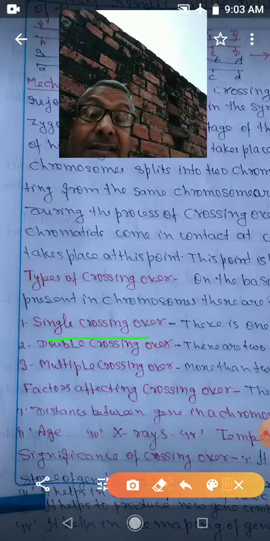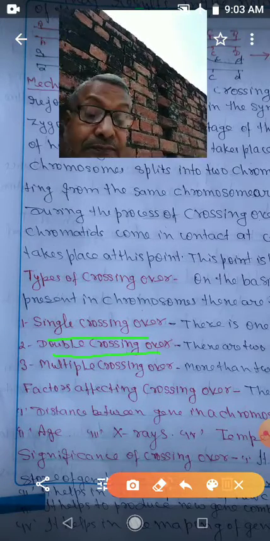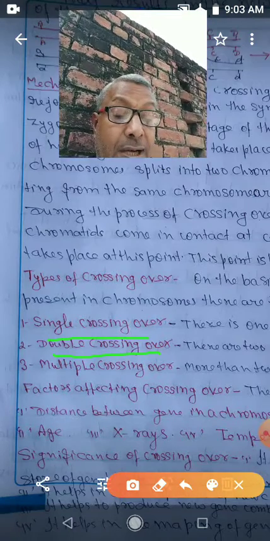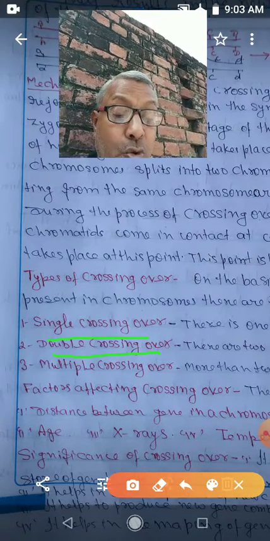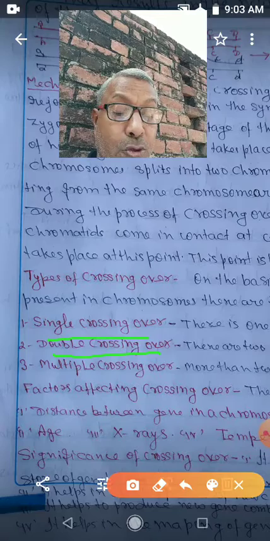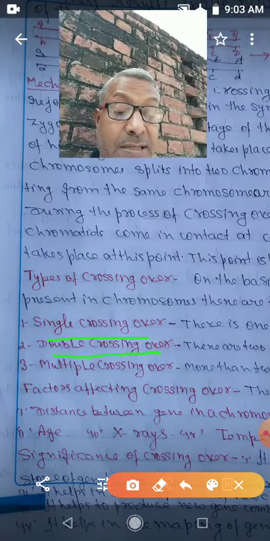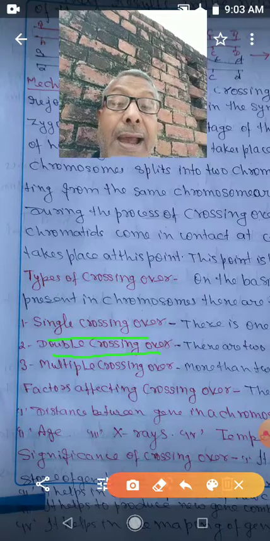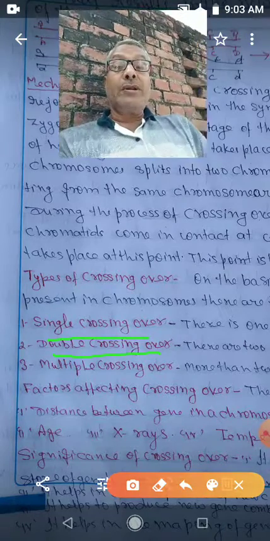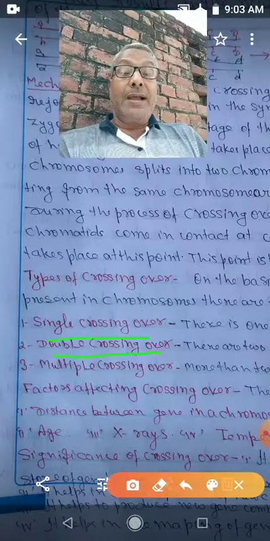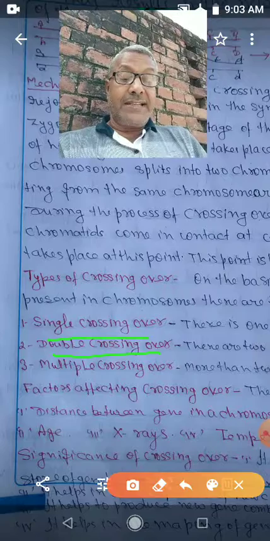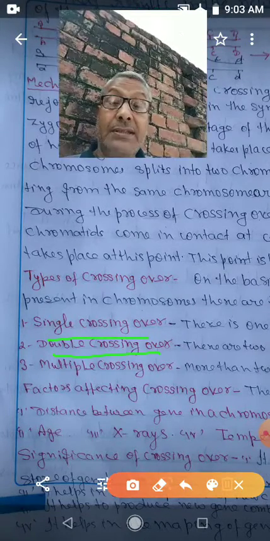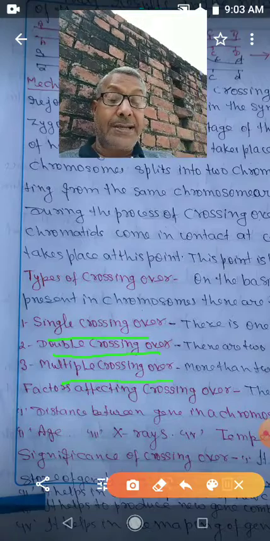Now second is double crossing over. Double crossing over occurs at 2 points in the same chromosome pair. It means the chromatids break and rejoin at 2 points. And third one is multiple crossing over.